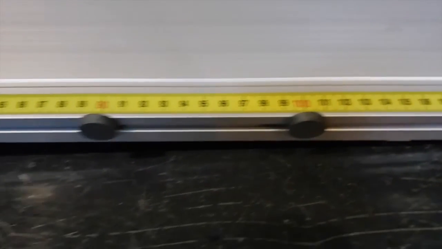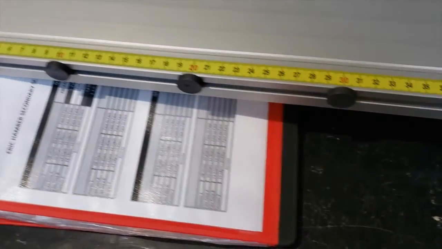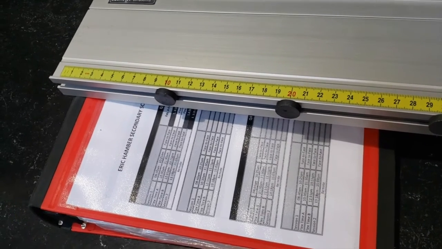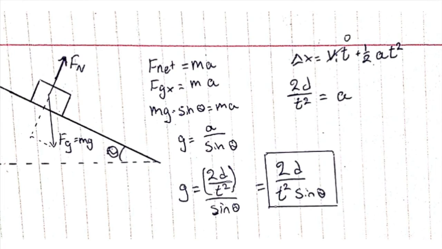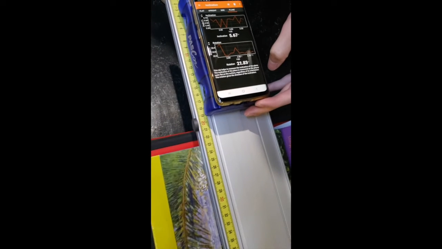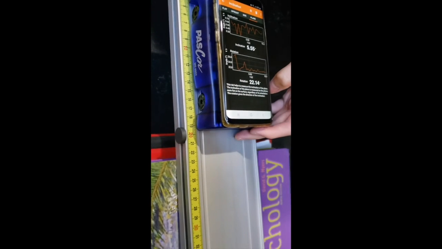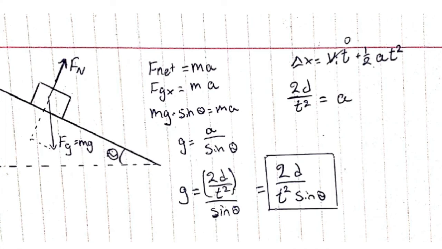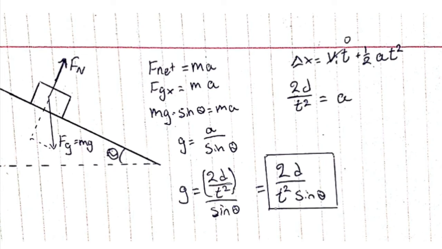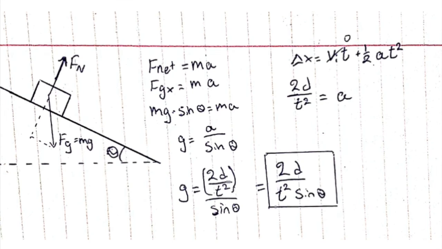Since we know that the distance between the two magnets is exactly 1 meter, using the ruler of course, we can then use kinematics equations to determine the acceleration down the ramp. Then, using the inclination function in Phyphox, we can determine the angle of the ramp. With this angle, we can use a free body diagram and dynamics to determine the acceleration due to gravity.